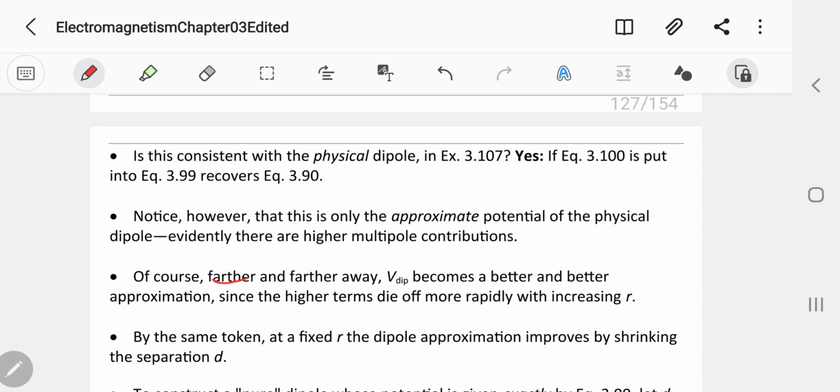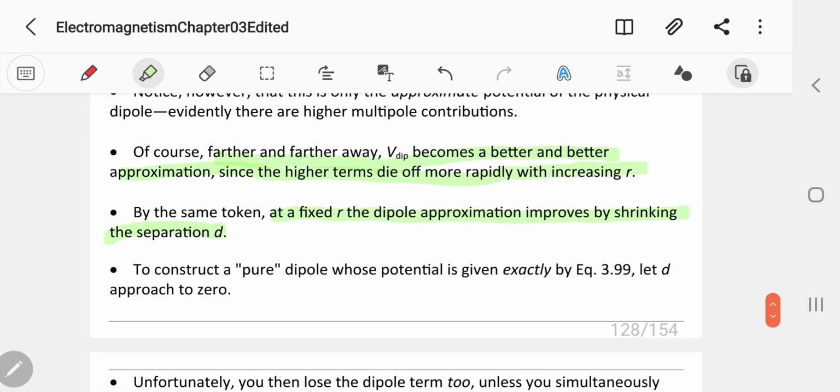Farther and farther away, V dip becomes a better and better approximation since the higher terms die off more rapidly with increasing r. By the same argument, at a fixed r, the dipole approximation improves by shrinking the separation d. So it's the same thing as you go far away from the dipole, or you stay at the same place and just shrink the d. The approximation is the same.